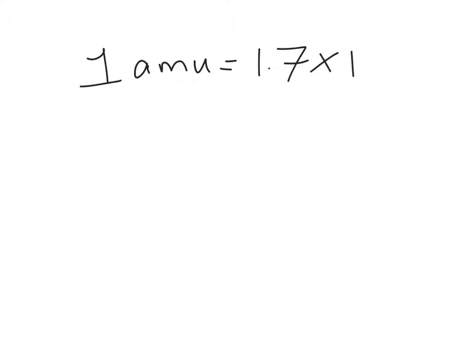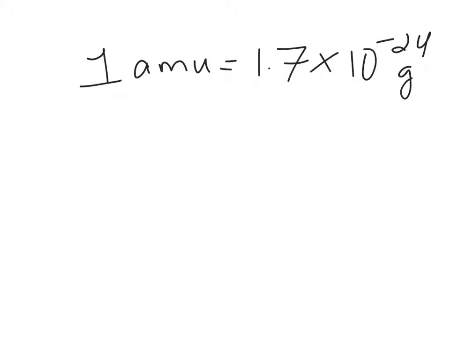Just to give you a sense of how they're related, one atomic mass unit is the same thing as 1.7 times 10 to the minus 24 grams. So every time you have 1.7 times 10 to the minus 24 grams, you have the equivalent of one atomic mass unit.